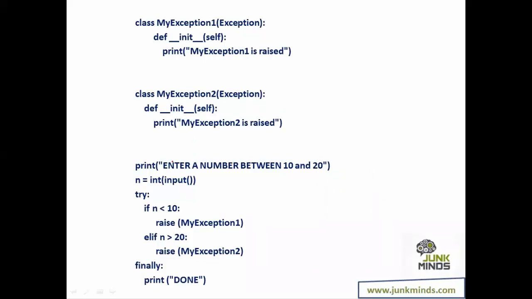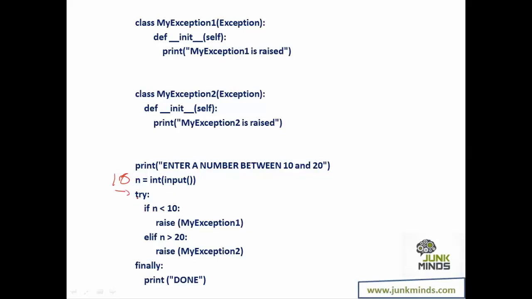Now observe this. I'll ask you to enter a number between 10 and 20. Suppose the number given is 16. Let's see what happens over here. Now this is where my try block is.